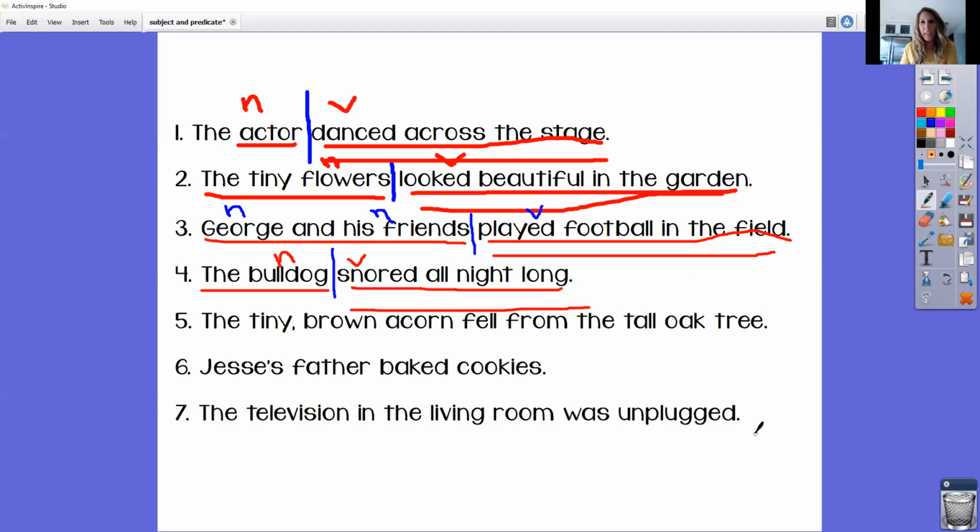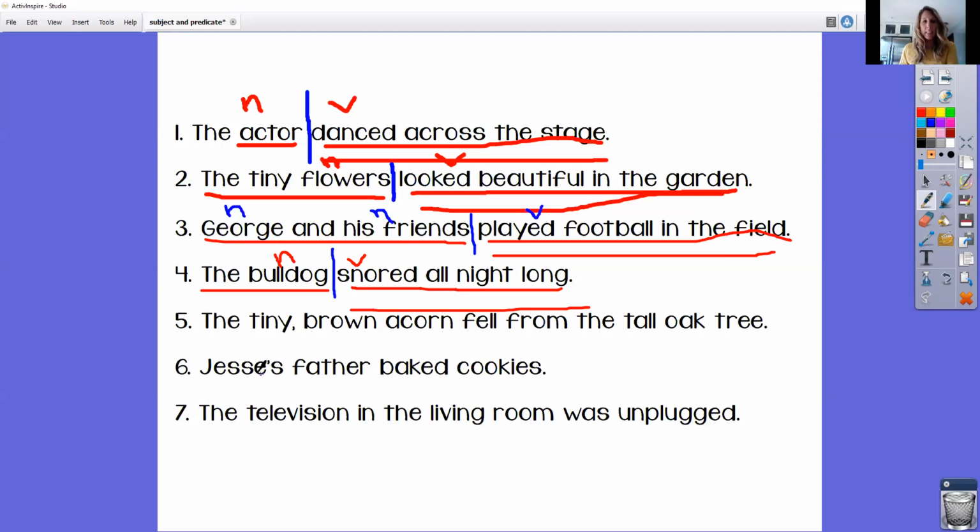This one might be a little tricky, so let's pay attention. The tiny brown acorn fell from the tall oak tree. Think about this one. Who or what is the sentence about? And then we have to split it. And then think about what that thing did. So the tiny brown acorn fell from the tall oak tree.